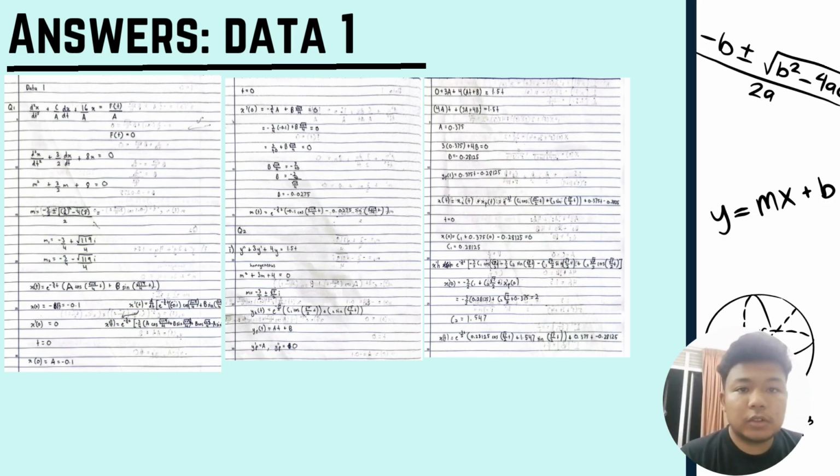For data 1, question 1, we have the equation m squared plus 3 over 2 m plus 8, which is the simplified version of the equation. To find the roots, we plug the equation into the quadratic formula. We find that the roots are negative 3 over 4 plus minus square root of 119 over 4.